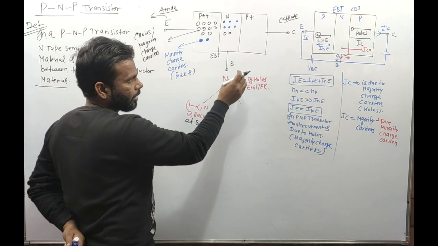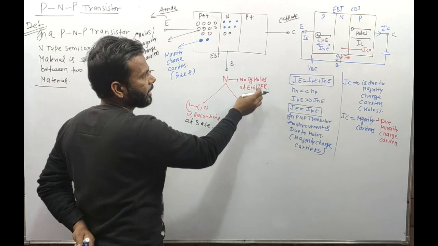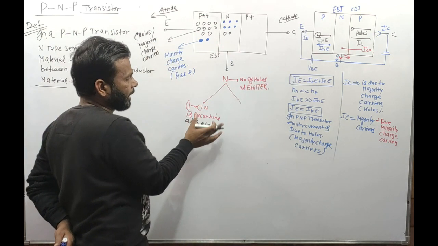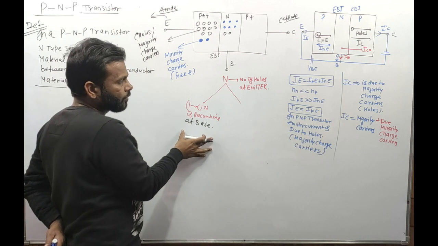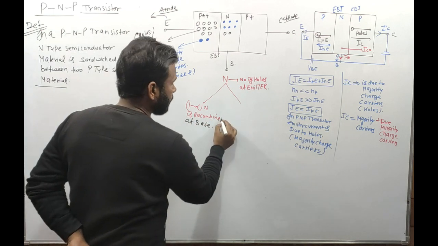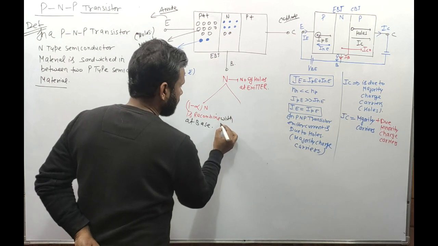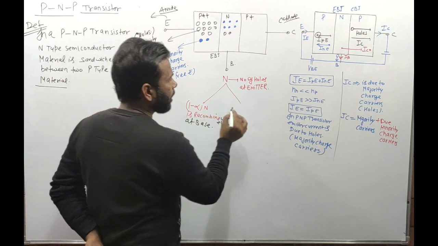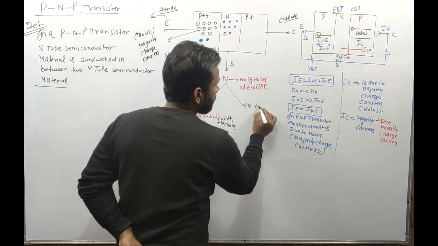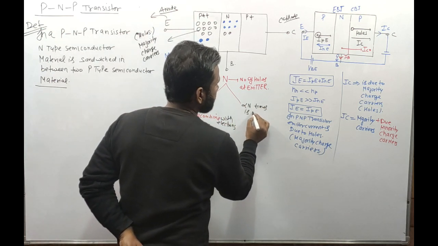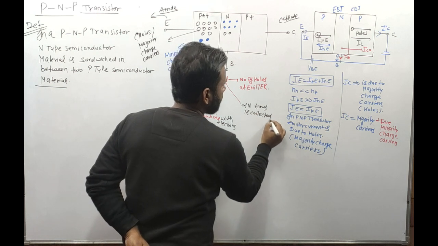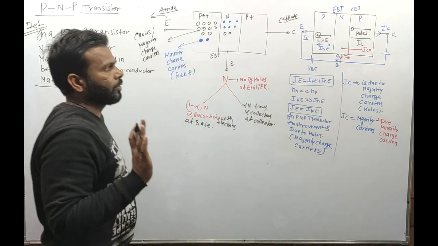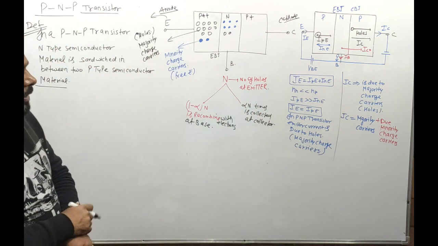With this, you have n number of holes at the emitter side that you are injecting, then out of that, (1 minus alpha) into n times is recombined at the base with electrons. But alpha n times is collected at the collector. Okay, till here it is collected at the collector.